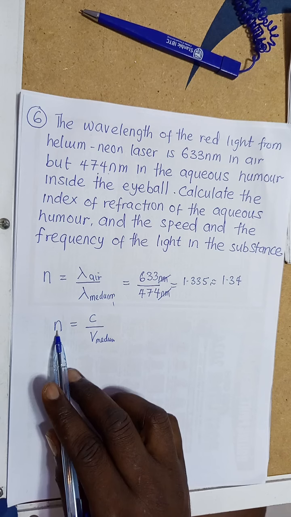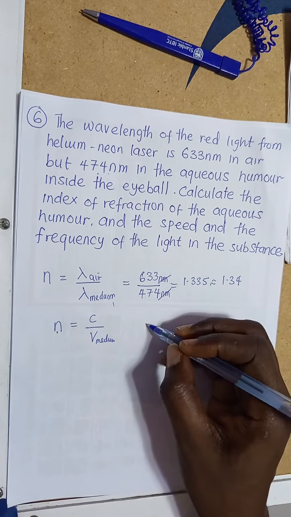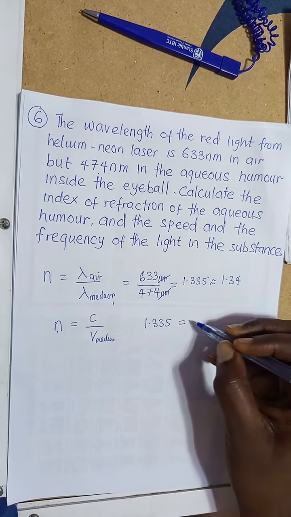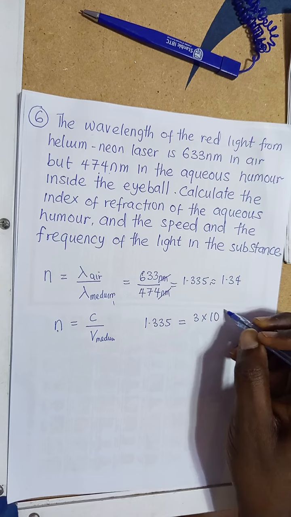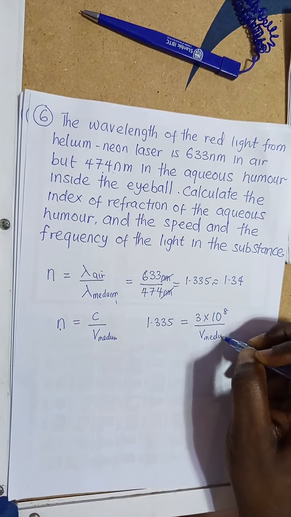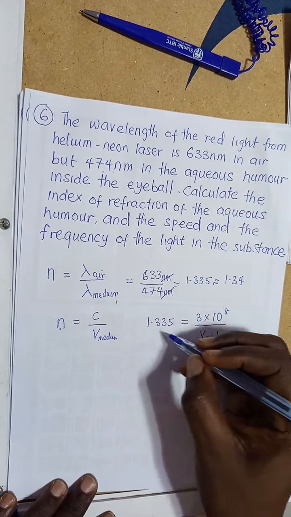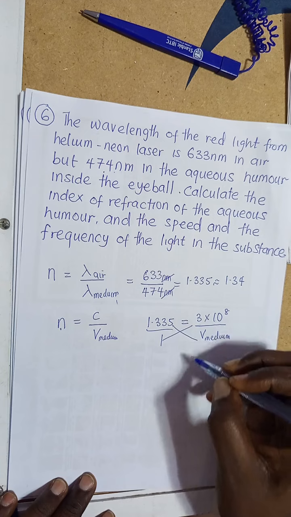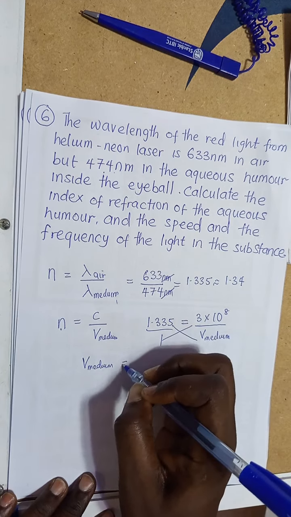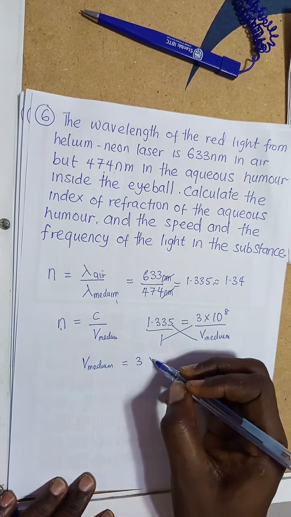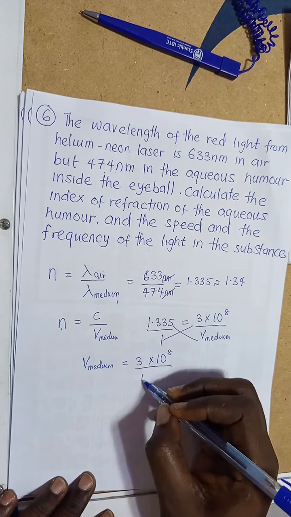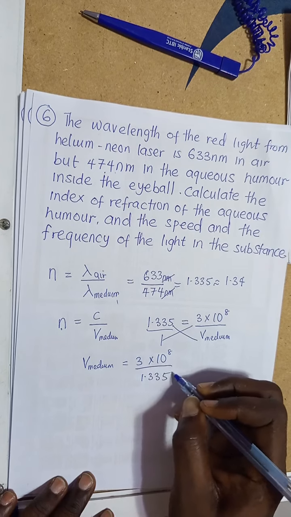We already have our refractive index, so we use 1.335 equals 3 times 10 to the power 8 divided by speed of light in a medium. So we're going to cross multiply, and the speed in the medium becomes 3 times 10 to the power 8 divided by 1.335.